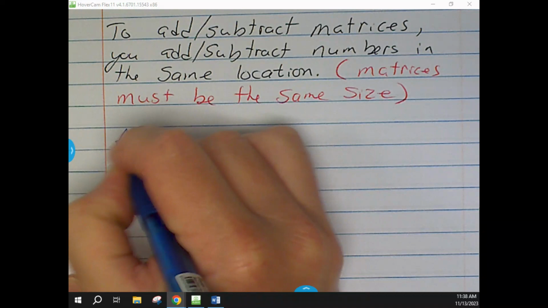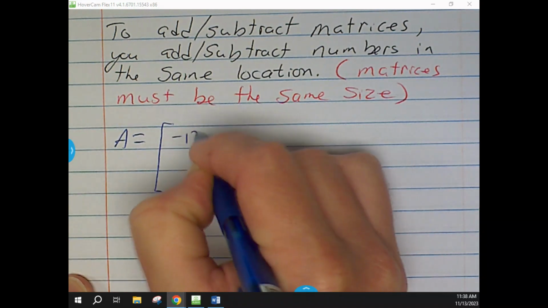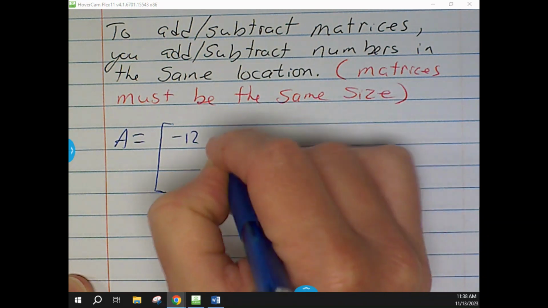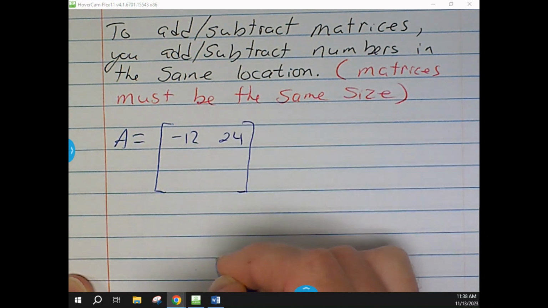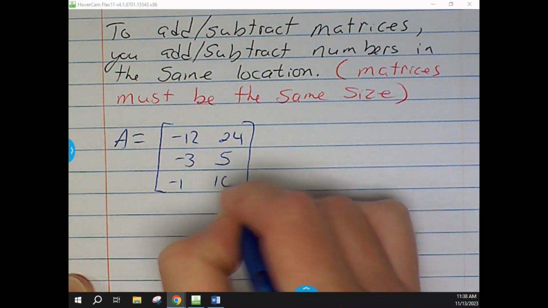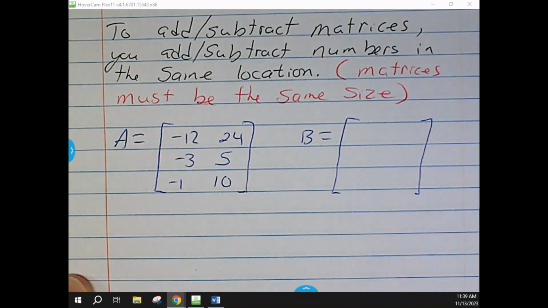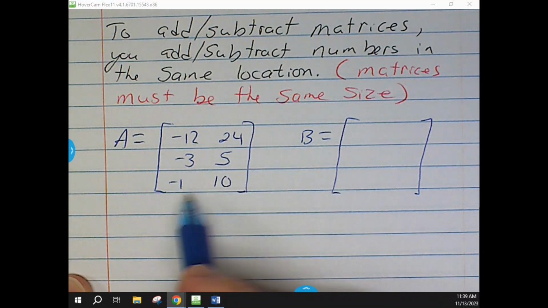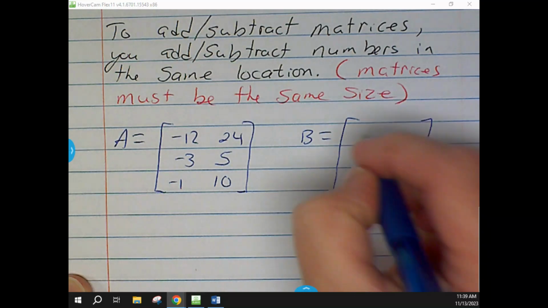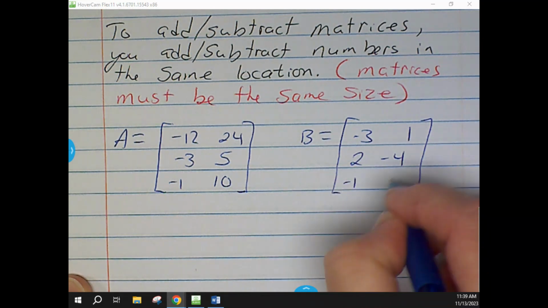So matrix A is negative 12, 24, negative 3, 5, negative 1, 10. And then matrix B is negative 3, 1, 2, negative 4, and then negative 1 and 5.